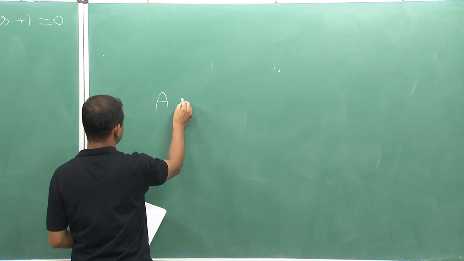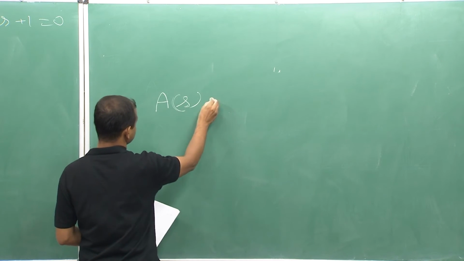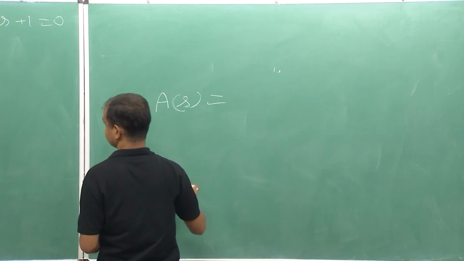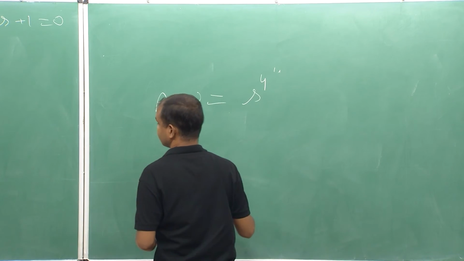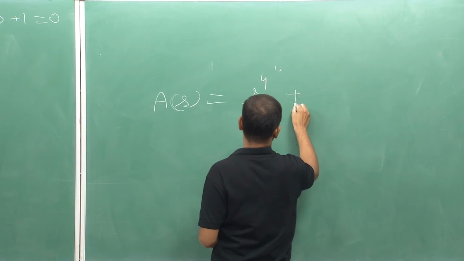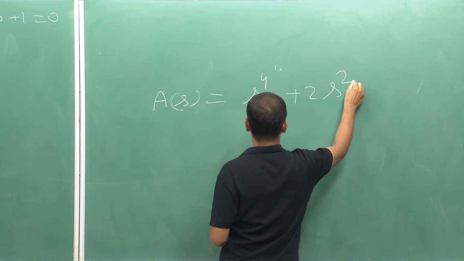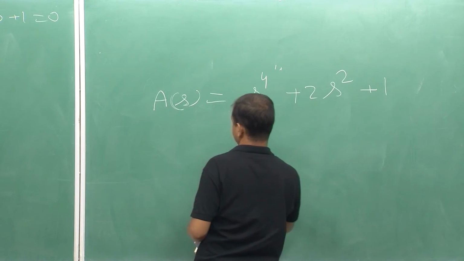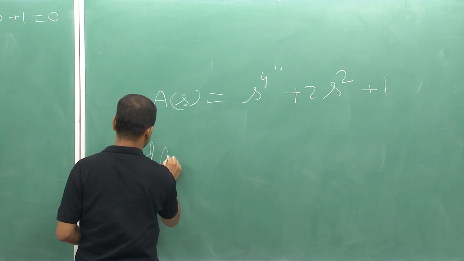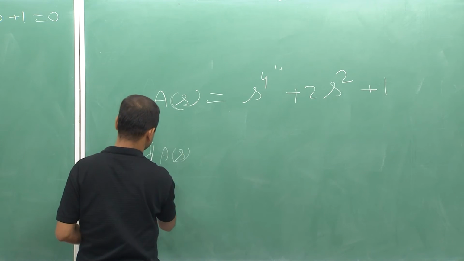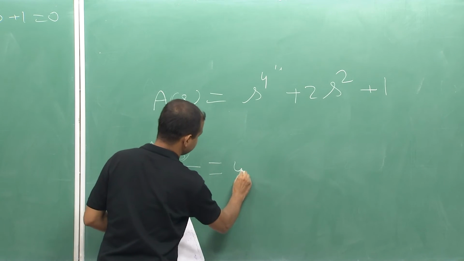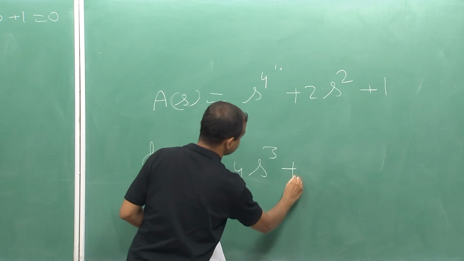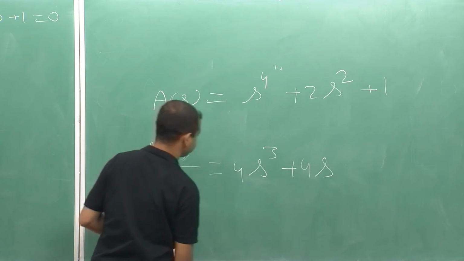Suppose I write this auxiliary equation as A(s), this is s to the power 4 plus 2s square plus 1, and dA(s)/ds will be 4s cube plus 4s.